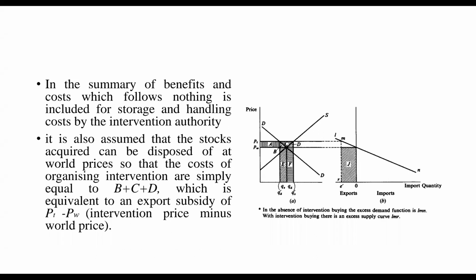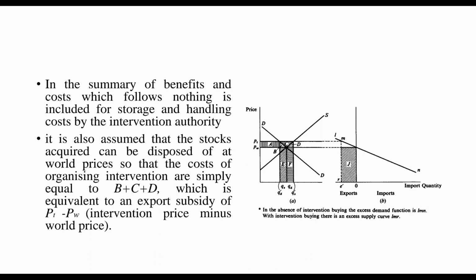BCD is the cost of organizing intervention, which is equivalent to an export subsidy of the intervention price minus the world price.